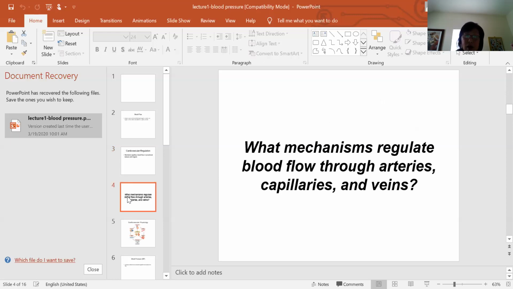So next question is, what are the main factors that regulate blood flow through all different vessels?